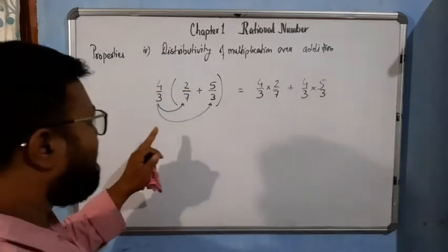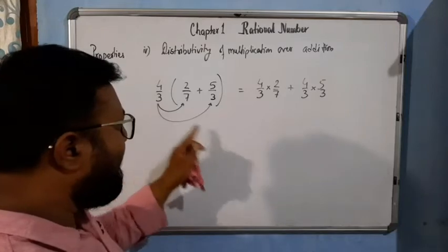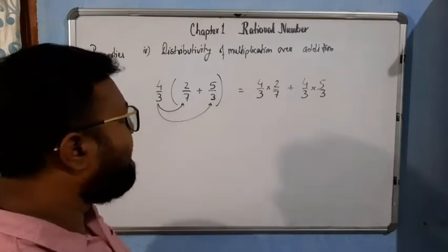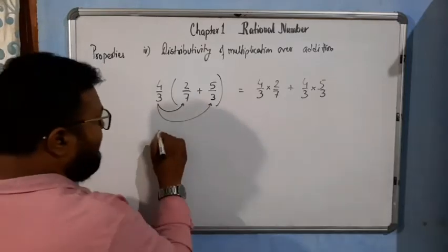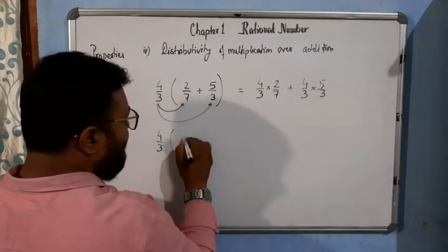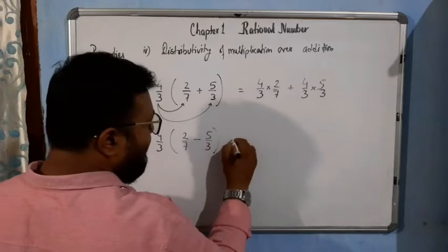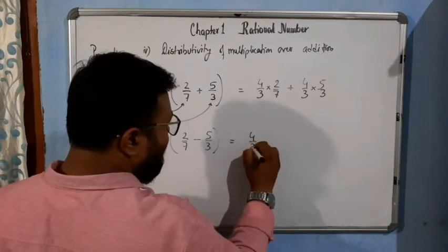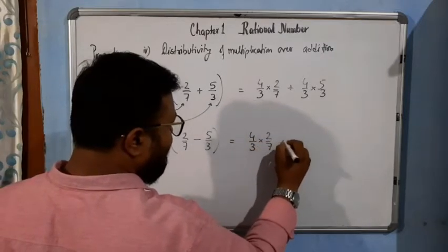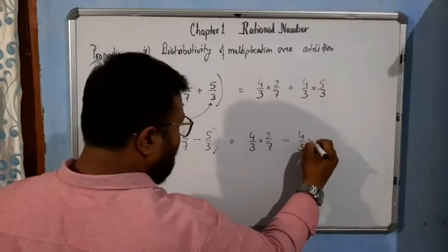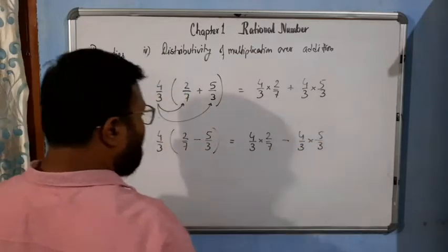So this is the distributive property of multiplication over addition. Now if we put subtraction here, 4 by 3 into 2 by 7 minus 5 by 3, here also 4 by 3 into 2 by 7 minus 4 by 3 into 5 by 3.